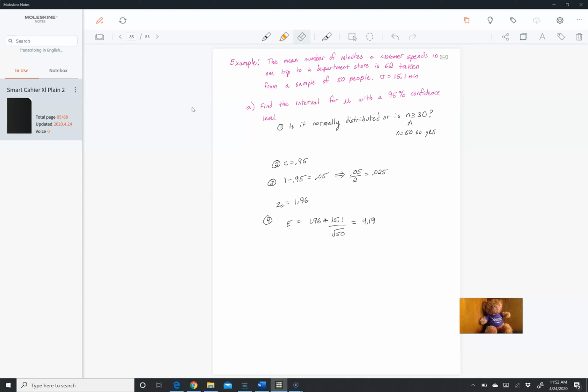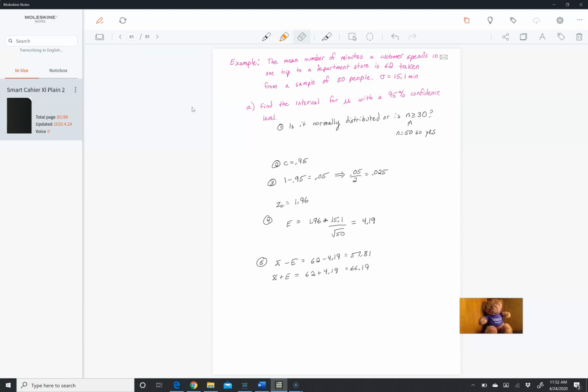So let's find the actual range. X bar minus E: our x bar was 62, so 62 minus 4.19 is equal to 57.81. And x bar plus the margin of error is 66.19.